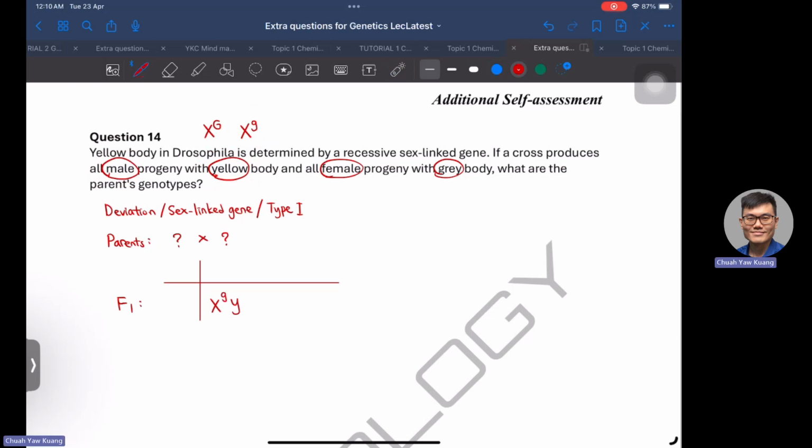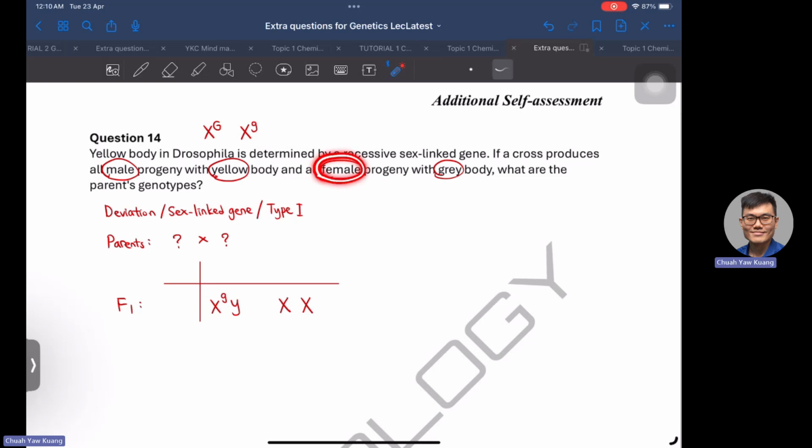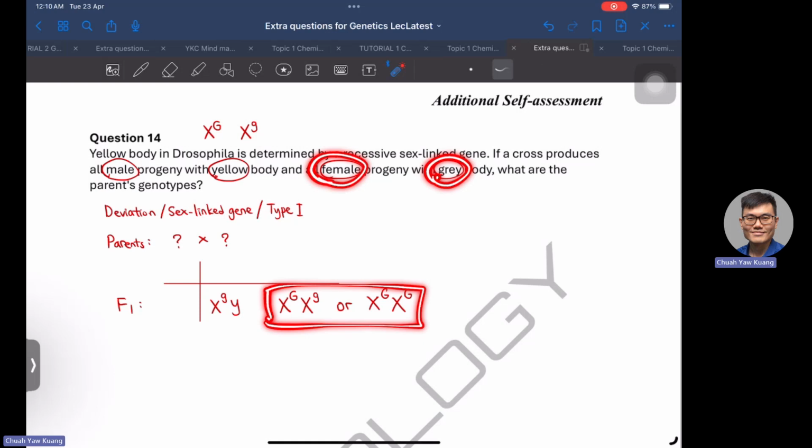Then all the females are gray, which means they must have at least one dominant gene. The other X is unknown, so we will put X dominant and X dominant for now. Because the female has a gray body, it can be either one.